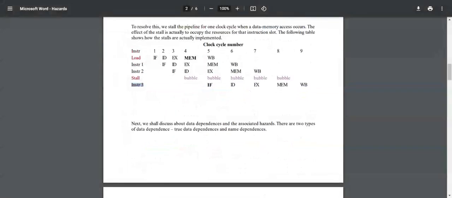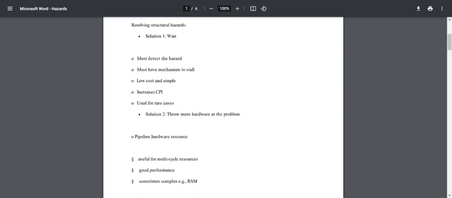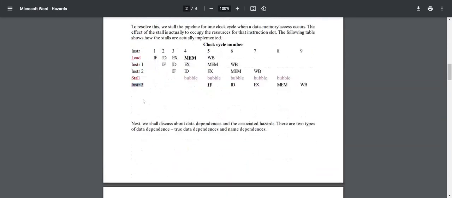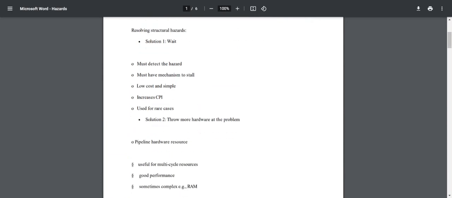To introduce wait, you can see that first you have to detect that some kind of hazard has occurred or some type of hazard is going to occur. Only then beforehand you can know that you have to introduce a stall here. So then you need some kind of hardware resource or software resource to introduce this stall. That is the second requirement.